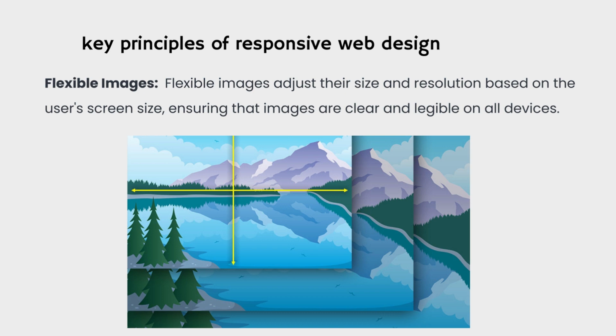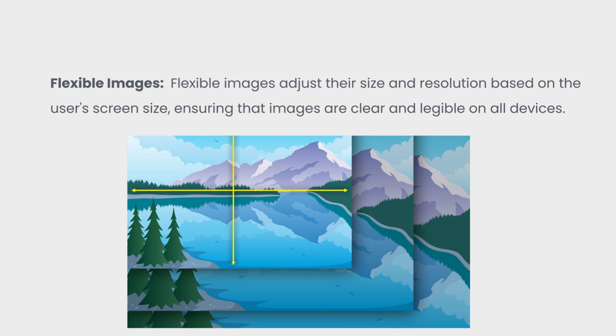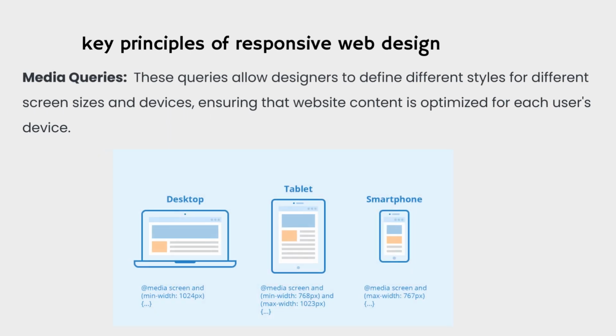Let's move to the next principle of responsive web design. This is media queries. I think this is one thing that I want us to be looking into today. What are media queries? They allow designers to define different styles for different screen sizes and devices, ensuring that website content is optimized for each user's device.